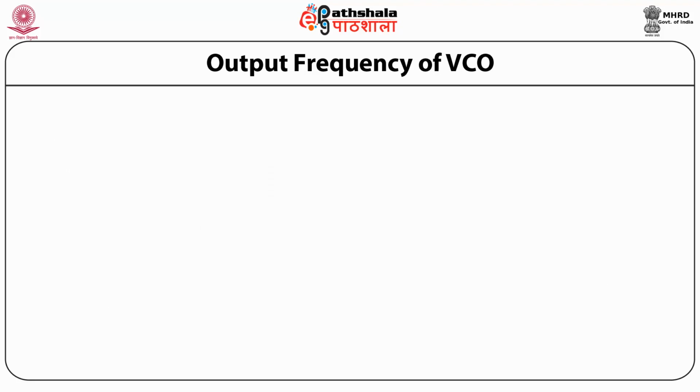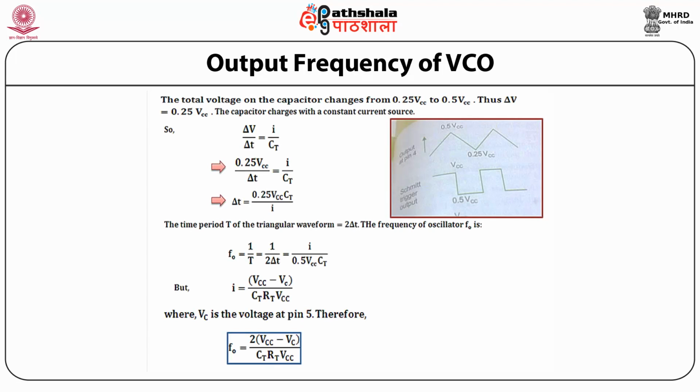Let us now discuss the output frequency of the VCO. The total voltage on the capacitor changes from 0.25 VCC to 0.5 VCC as shown in this figure. Thus, delta V is equal to 0.25 VCC. The capacitor charges with a constant current source.